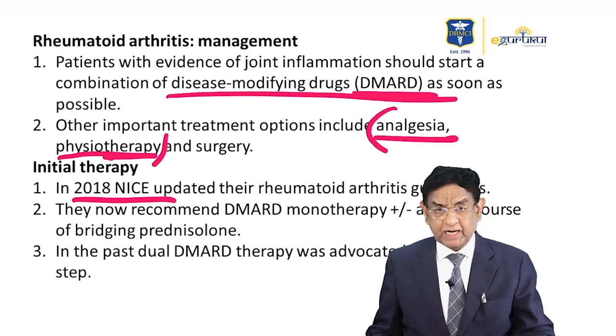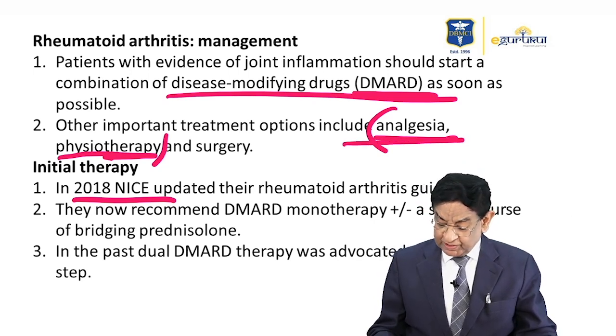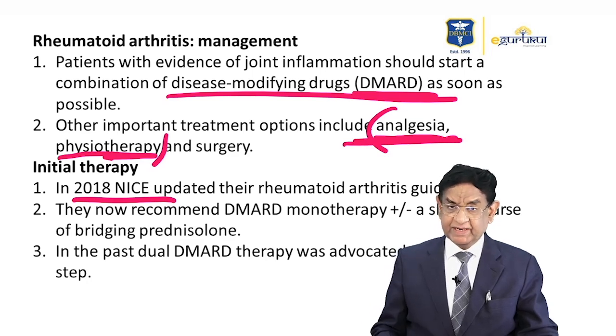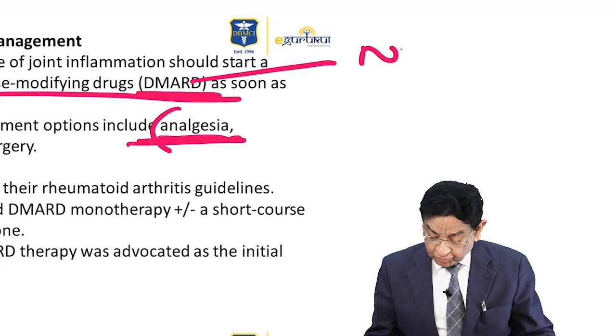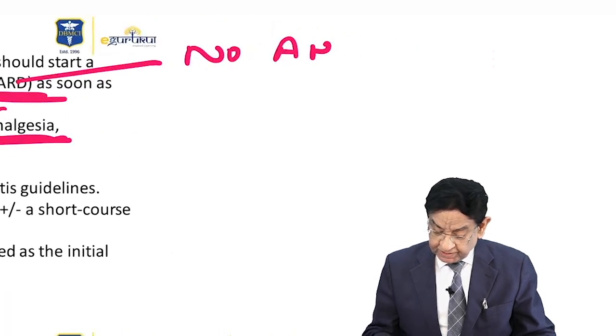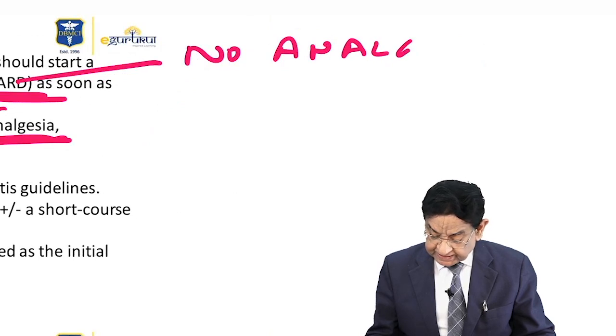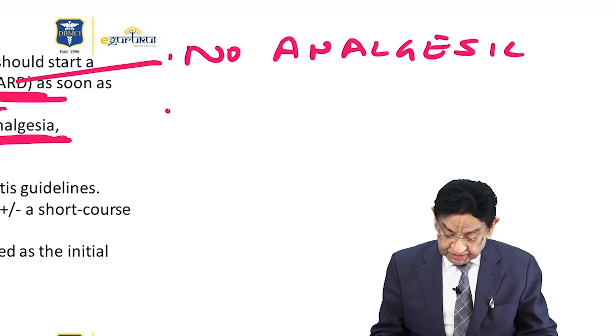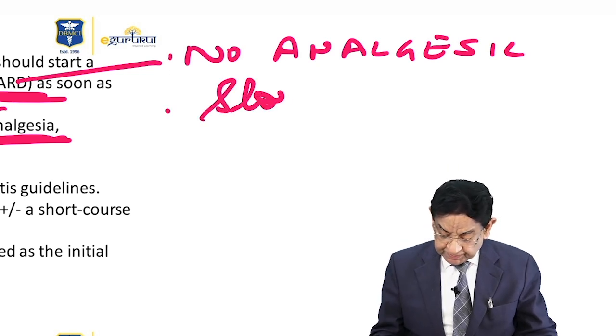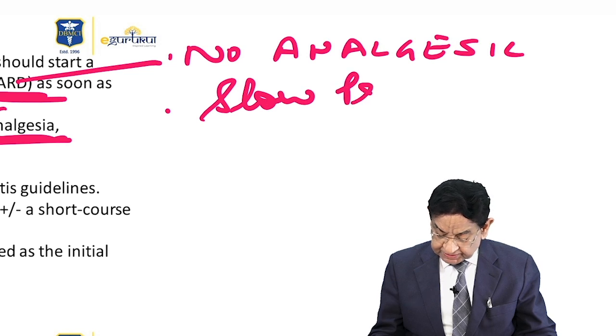Now you are going to ask me a question: sir, why are you adding analgesia when we are giving DMARDs? DMARDs have no analgesic action. They simply slow down the progression of disease.